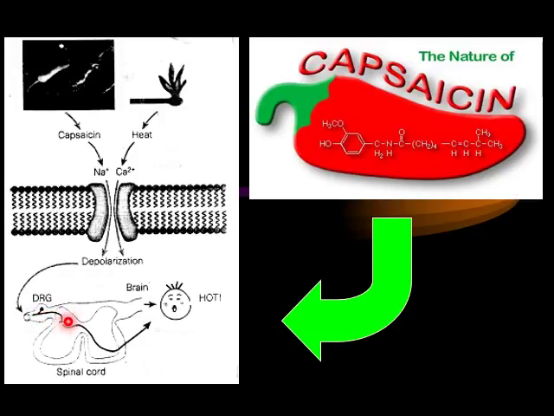It synapses there on a secondary cell, which crosses the midline to the other side of the spinal cord, forms the lateral spinothalamic tract, goes up to the brain, and is perceived as hot and painful.